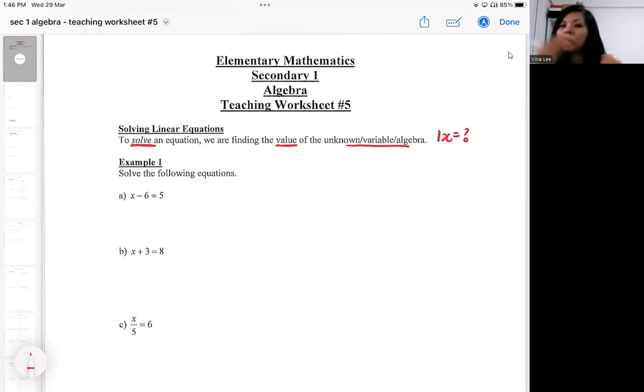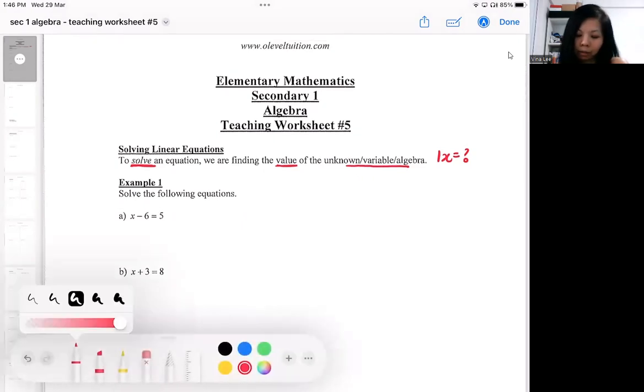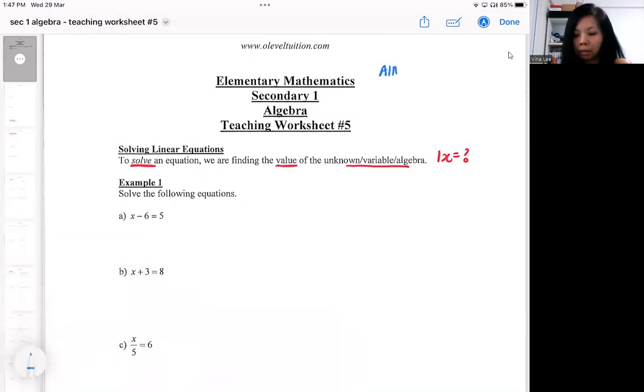I have mentioned that a lot of things have a fixed method. So in solving, we also have a fixed method. You want to isolate your x. The aim is to isolate the x, 1x. That is your aim.